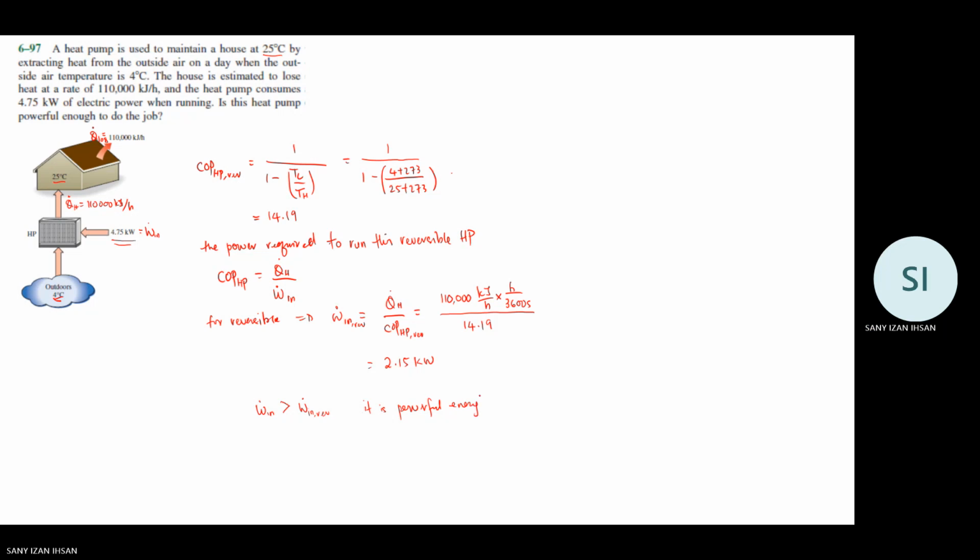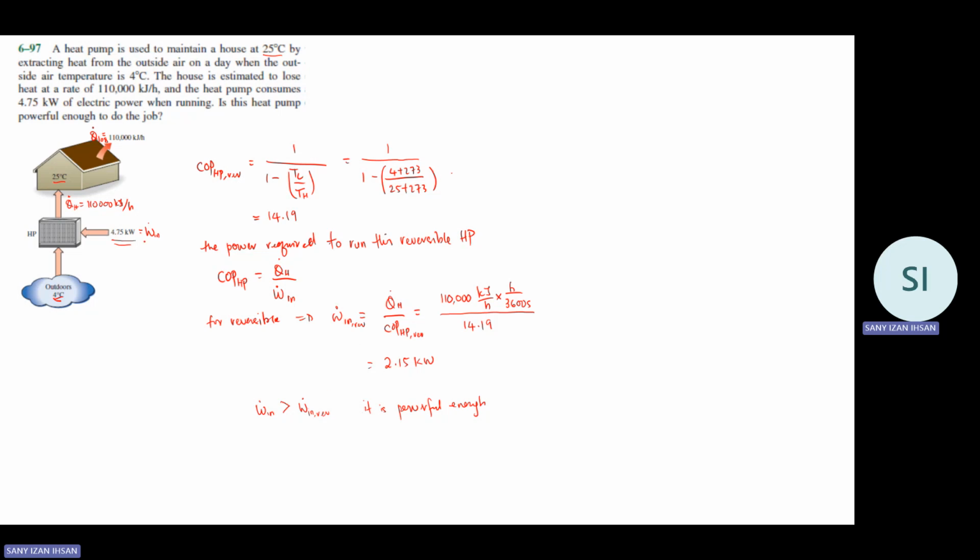enough, because of course, if the power is a lot less than the reversible condition, then even the reversible process you are not able to run or obtain. In this case, it is more than the reversible condition, which is what we want.